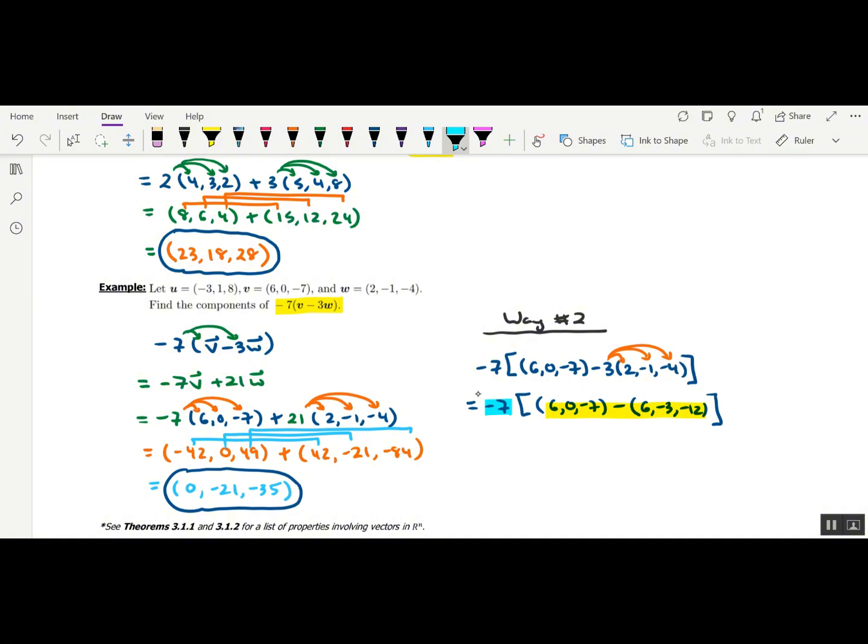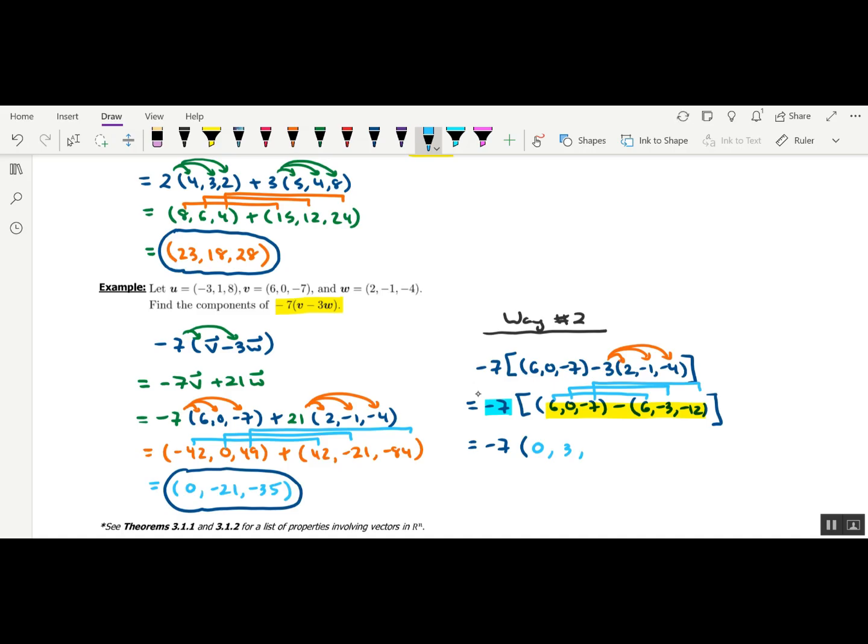All right, so let's see what that looks like. This would equal -7, and then combining corresponding components here, we'd have 6 minus 6 giving us 0, comma, 0 minus -3, so that's a double negative there for +3. And then we'll have -7 minus -12.